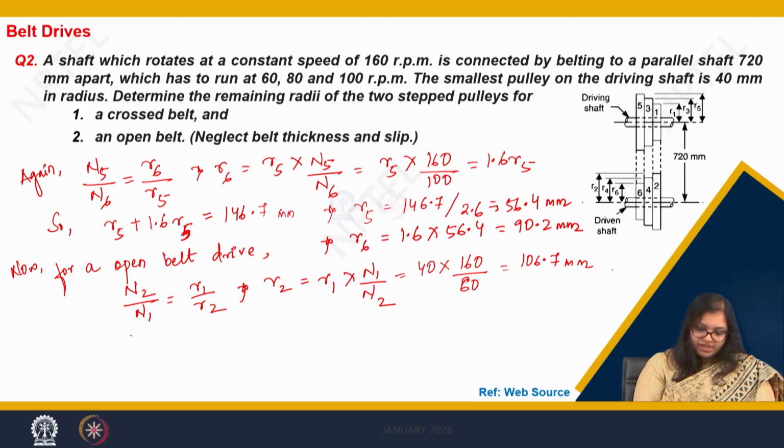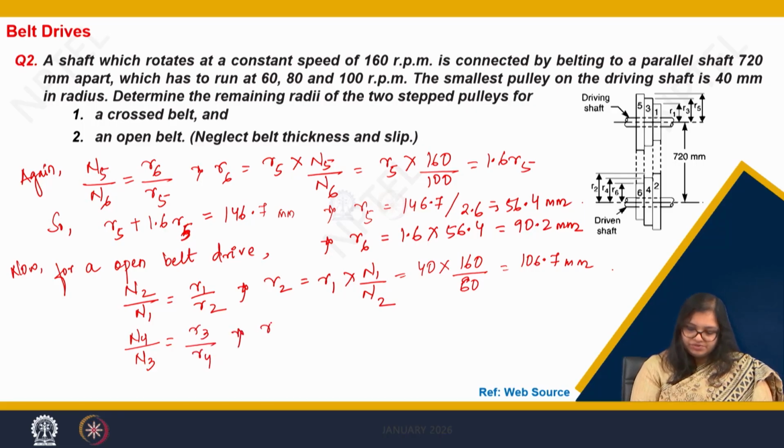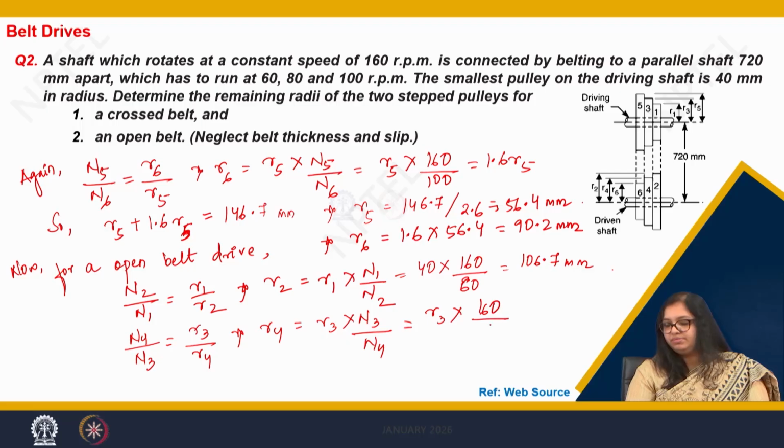In the same way, N4 by N3 is equal to R3 by R4. So this gives me R4 is equal to R3 times N3 by N4, which is equal to R3 multiplied with 160 by 80, which is equal to 2R3.